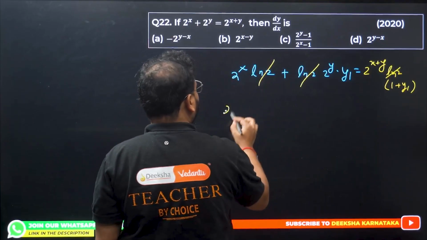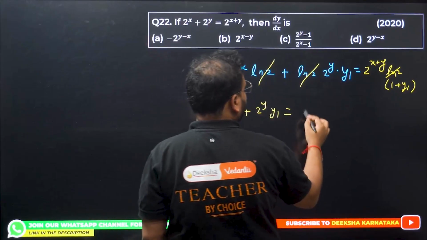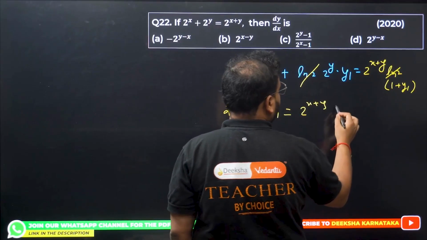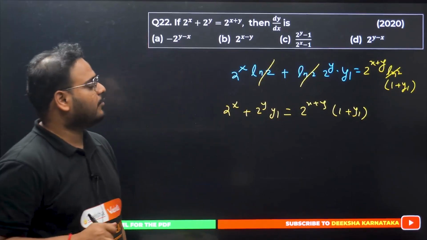What I'm getting here: 2 power x plus 2 power y times y1 equals to 2 power x plus y times 1 plus y1. Derivative of x plus y is 1 plus y1.